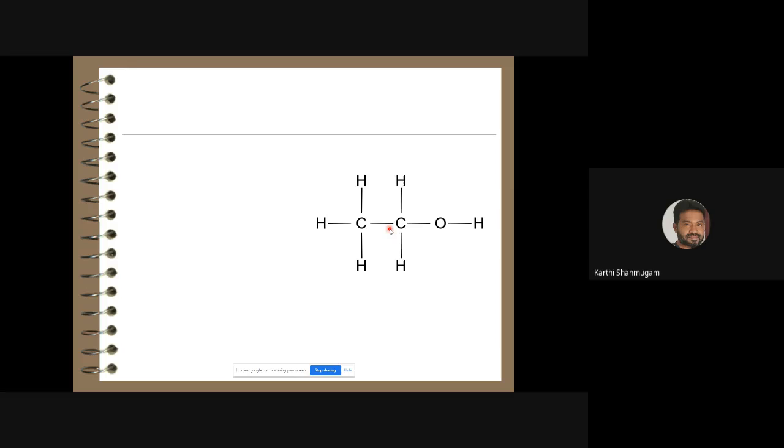So here, what's the name for this group? Can we call it a hydrocarbon? This region. Yes, sir. Okay, so this functional group should be called alcohol, right? This functional group is alcohol.